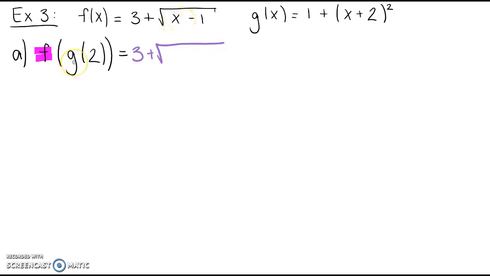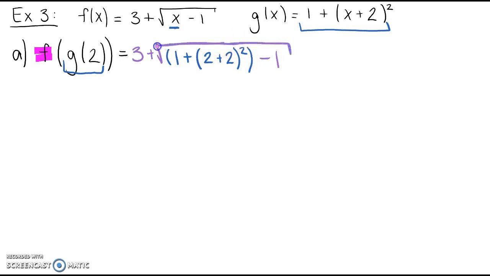Well, what is the x value supposed to be? This one, x is g of 2. So we're going to replace this x with g of 2. So I'm going to write 1 plus 2 plus 2 squared. And then I'm going to continue the f of x function, which was just minus 1. Extend our radical. So this is f of g of 2.